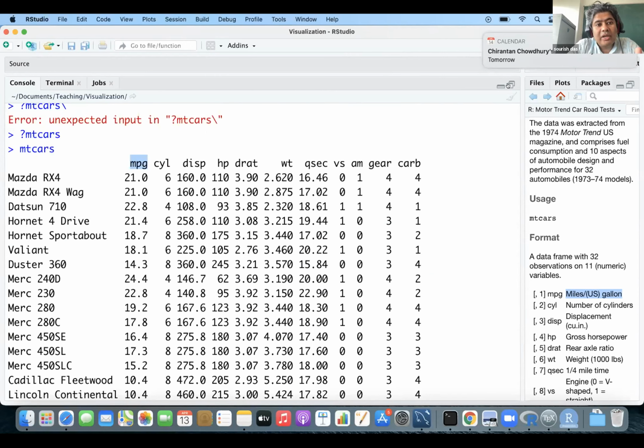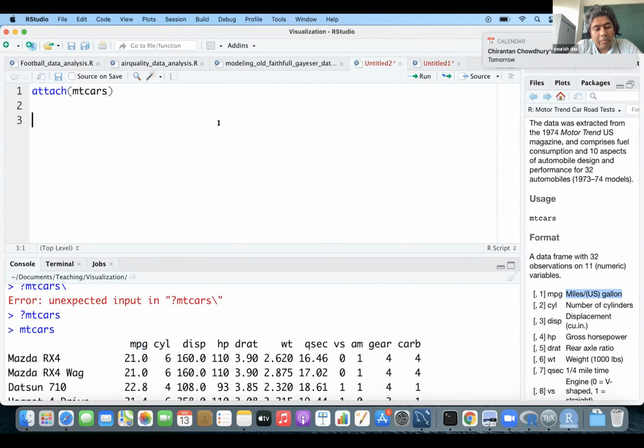The main target variable that we want to understand, study and predict is miles per gallon. That is our main objective. So I will first look into how this miles per gallon is distributed.